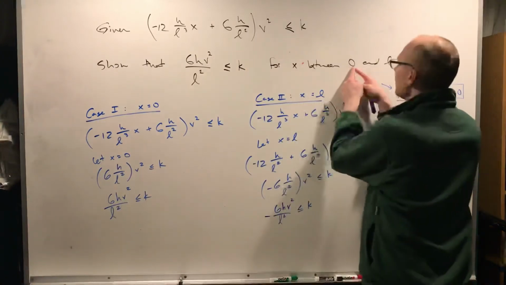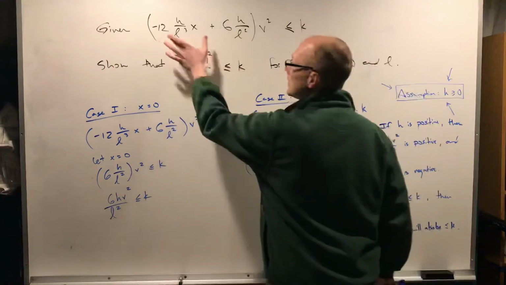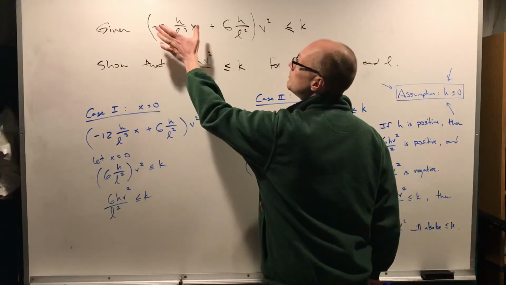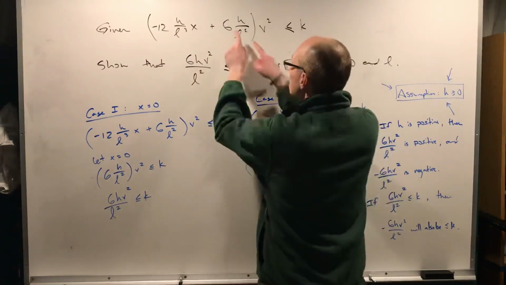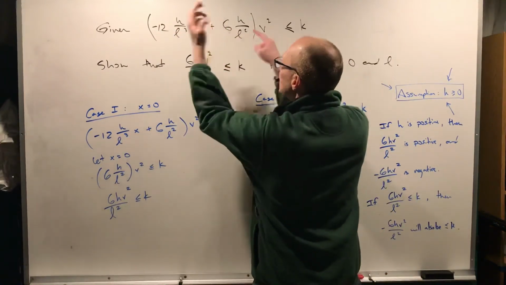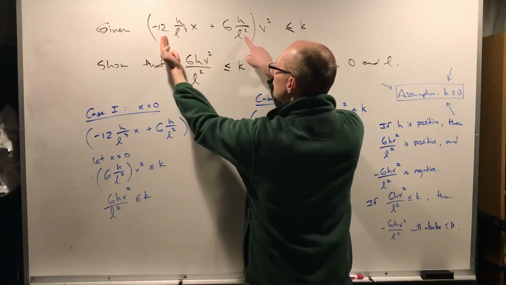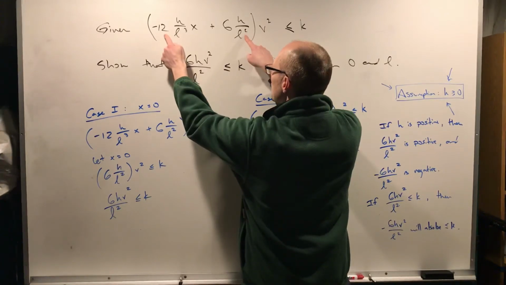And for any number bigger than 0 all the way up to L, this negative component becomes more and more of a factor. This is positive. Introduce a negative number to it, and this positive value gets smaller and smaller and smaller.